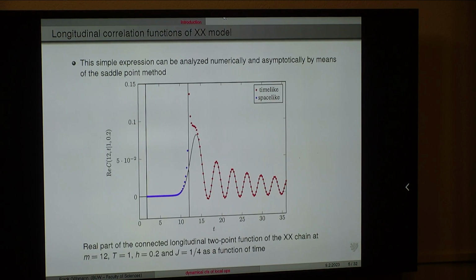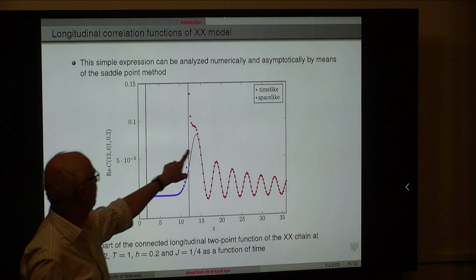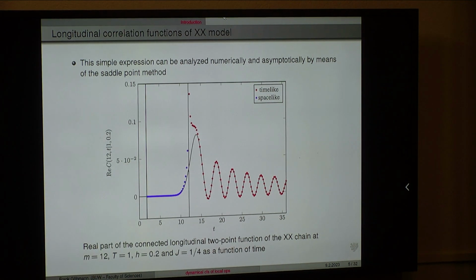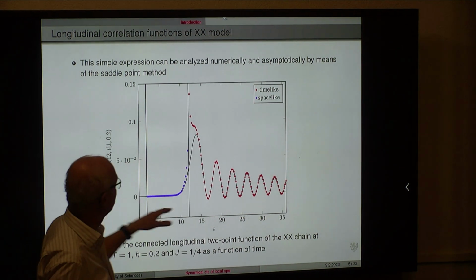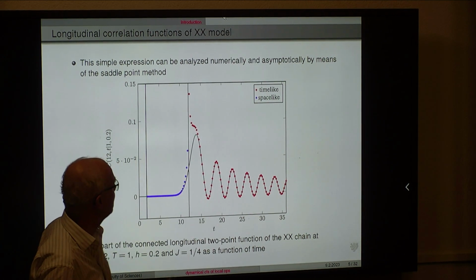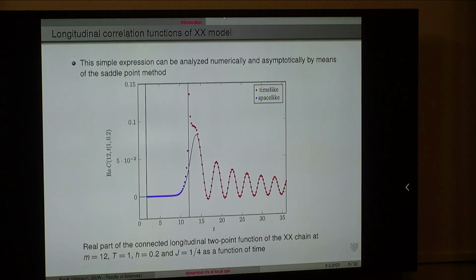Here's a picture. The black line is where I plotted these correlation functions. I can do that using Mathematica. And then I did a saddle point calculation, so you see that the asymptotics in x and t, in space and time, splits into 2 regions.